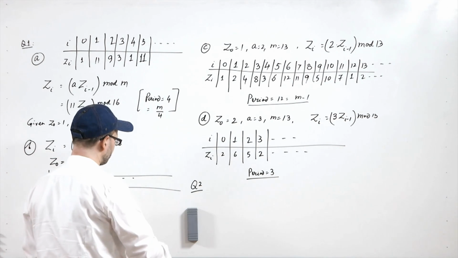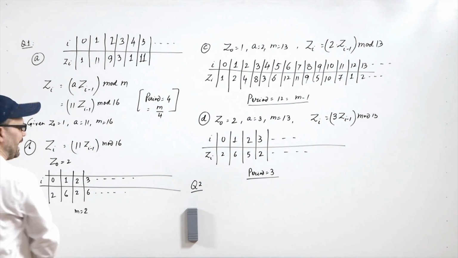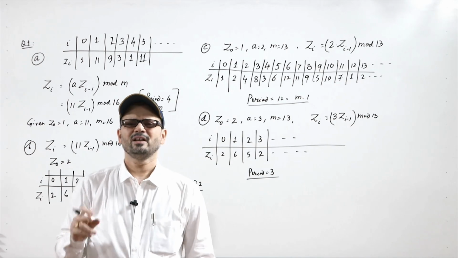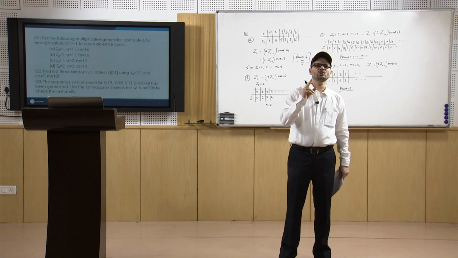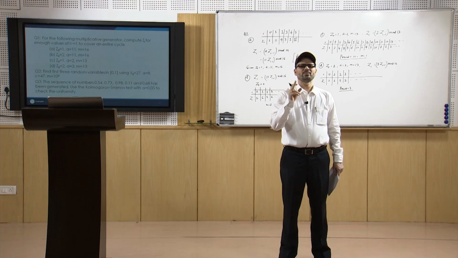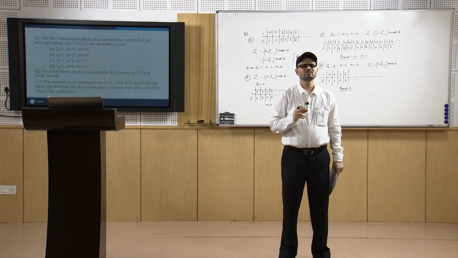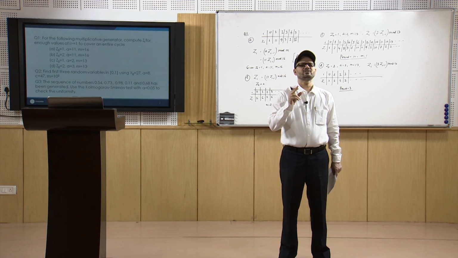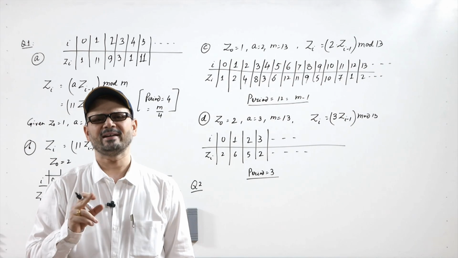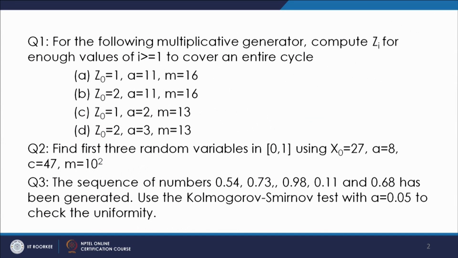Question number 2 is that you have to generate 3 random variables in 0 1 using the seed value x naught as 27, A is 8, C is 47 and M is 10 raised to the power 2.